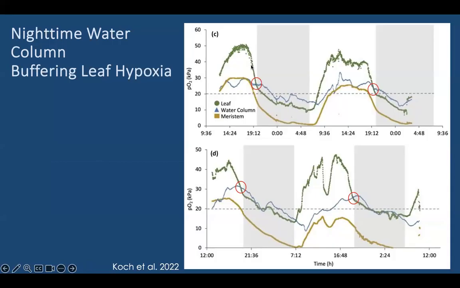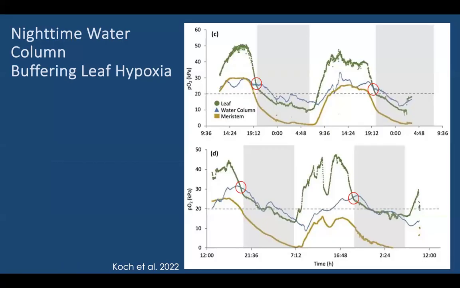This is kind of an interesting feedback, because you have oxygen from the leaves going out into the water column, but there's so much oxygen going from the leaf to the water column that it can then diffuse back into the leaf at night over a certain amount of time. So the oxygen conditions in the water column during the day are really important in that early part of the night, and keep it from going anaerobic, or as low oxygen, I should say hypoxic, at night. That seems to be kind of important as well.